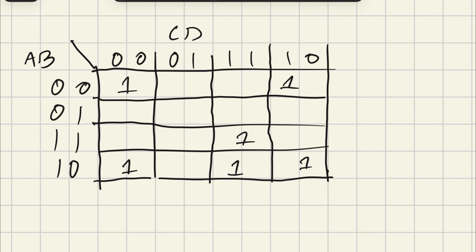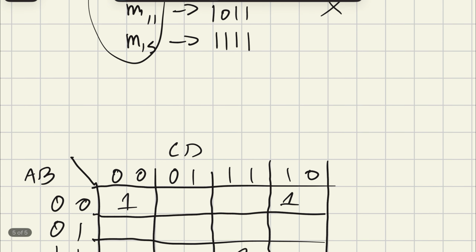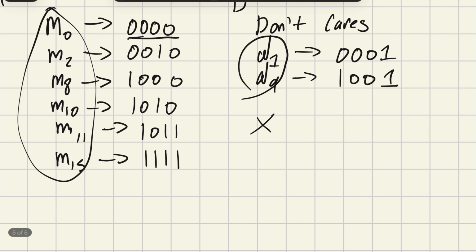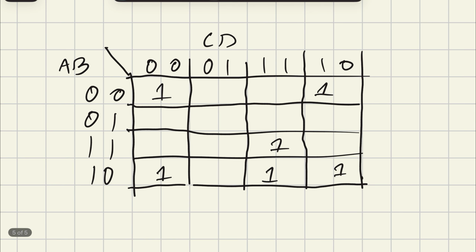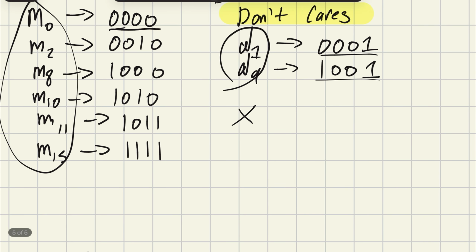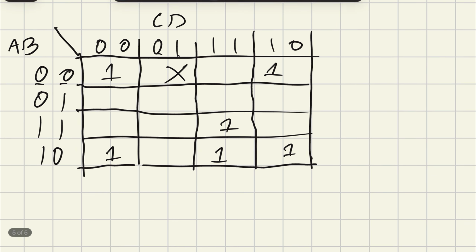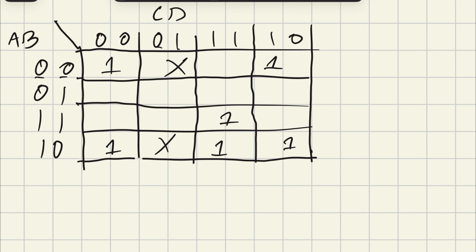Now, before we go ahead and place our zeros everywhere else, we're also going to put the x as don't cares in their corresponding boxes of binary values 1 and 9. So 0, 0, 0, 1 would be here, so we know that an x is going to be placed over here. Similarly, with D9, 1, 0, 0, 1, we know an x is also going to be placed here. And now we can go ahead and place zeros everywhere else.